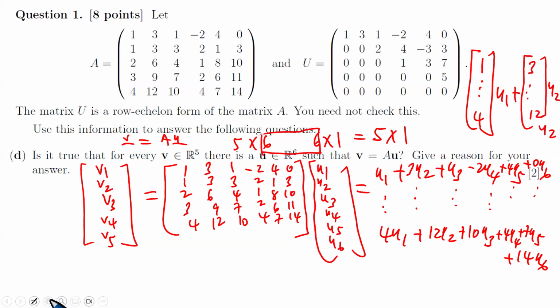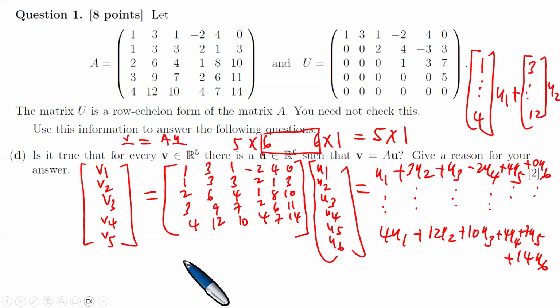What we're trying to explain through this presentation is that to multiply this matrix with that, you can simply take this column and multiply it by U1, take this whole column and multiply it by U2, take this whole column and multiply by U3. So this will be another way to multiply the whole thing.